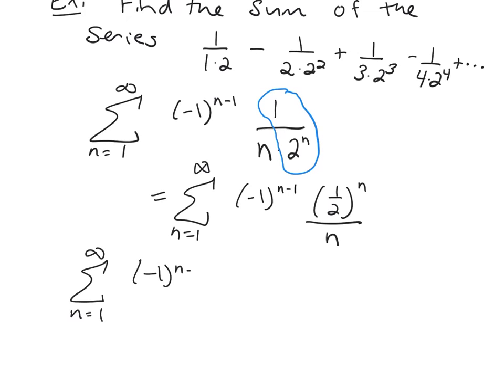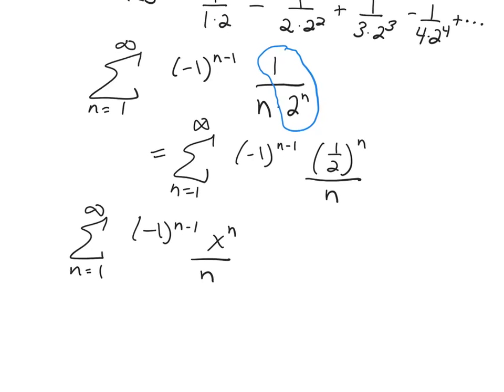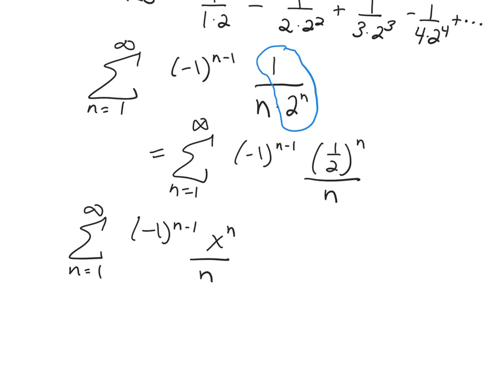I'm making a change. I'm replacing this by x to the n, and 1/2 by an x. Okay. And you should look at our list of Maclaurin series and tell me, does this series appear in that list?